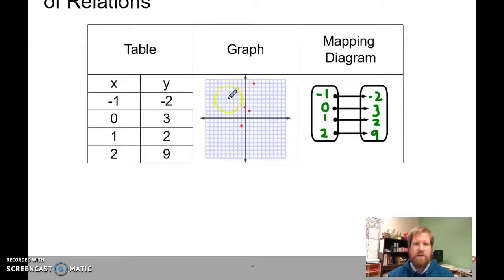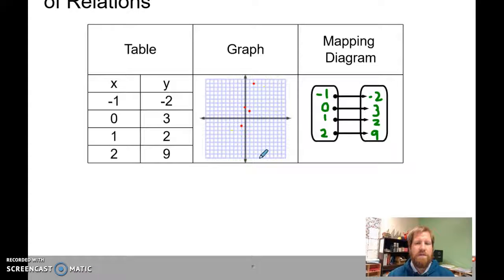A graph is the easiest to be able to just look at and see the general shape or the general way that the points are ordered. Okay, you can see if they form a straight line, if they're all jumbled up.